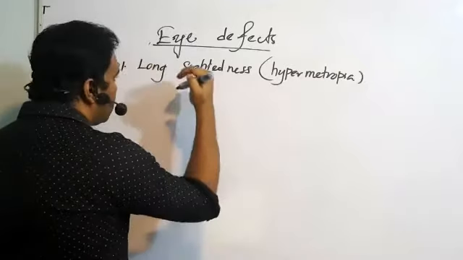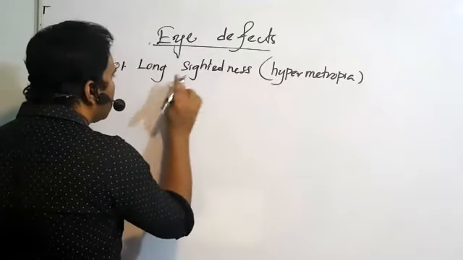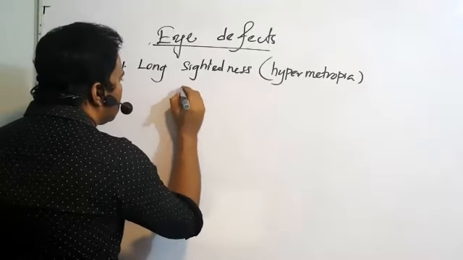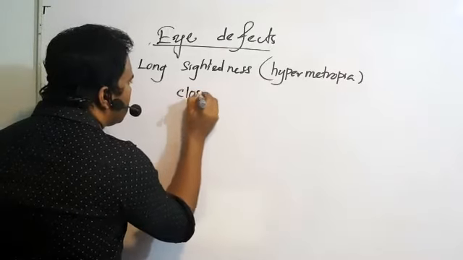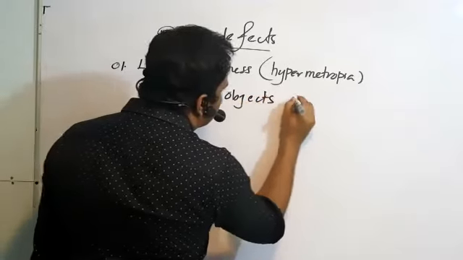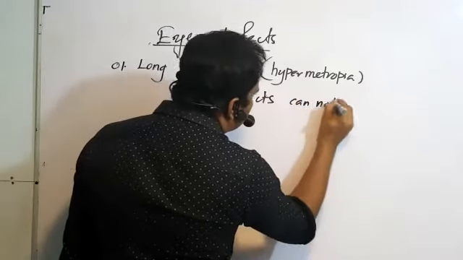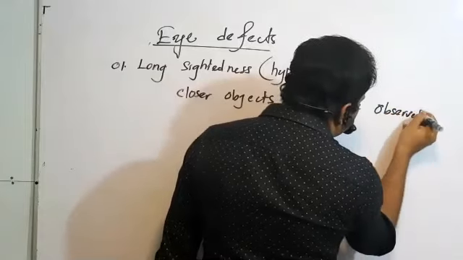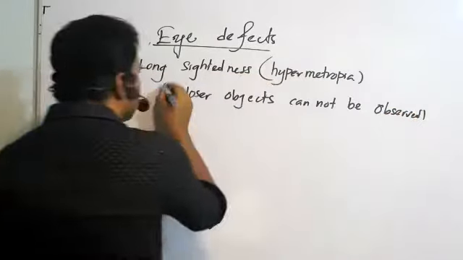So the actual defect is, the situation is, closer objects cannot be observed. Okay, take down.